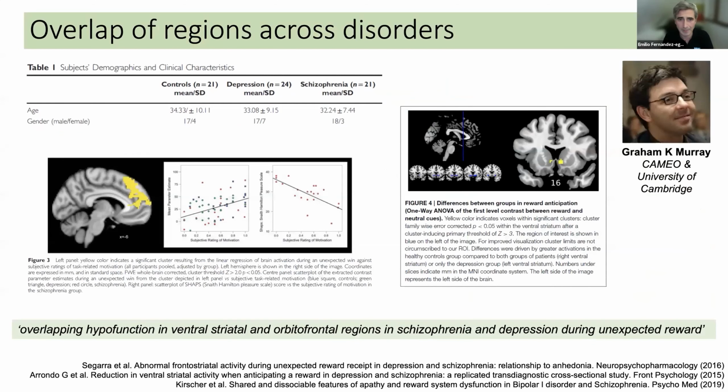We have people here who have been far more experienced than me on understanding and overlapping the different parts of Graham's studies on anhedonia, and how the same overlapping anatomical areas are activated during anhedonia in people with schizophrenia and depression.